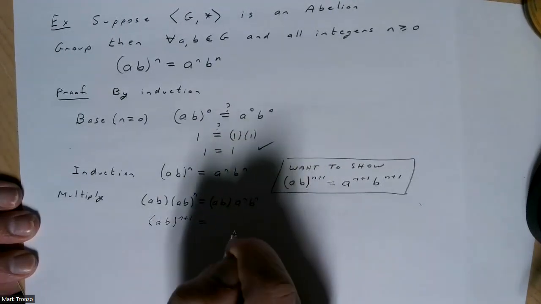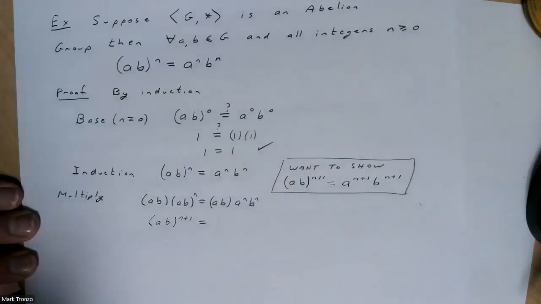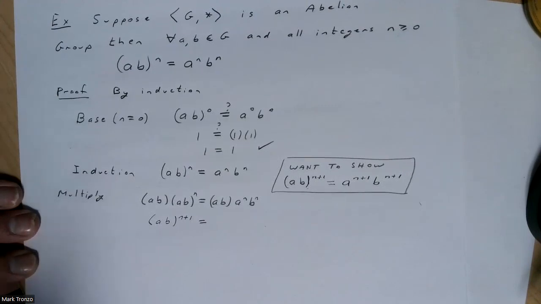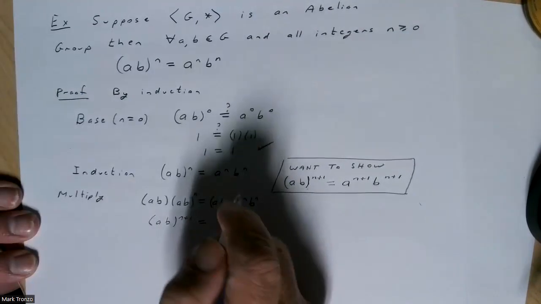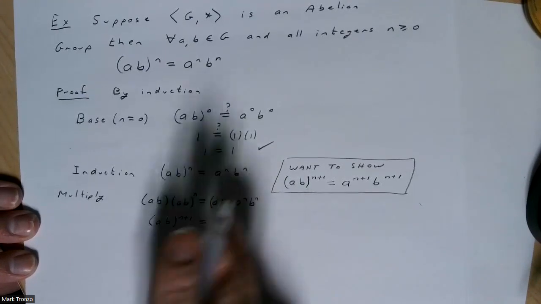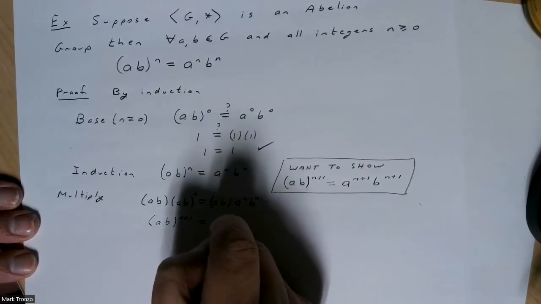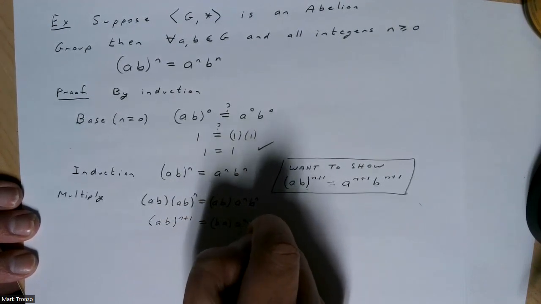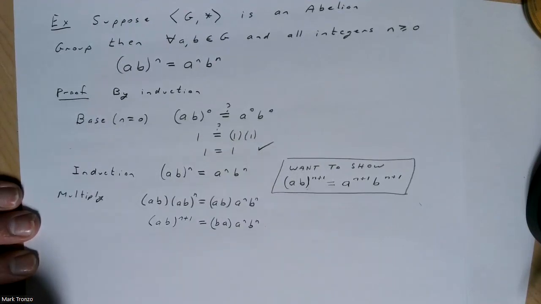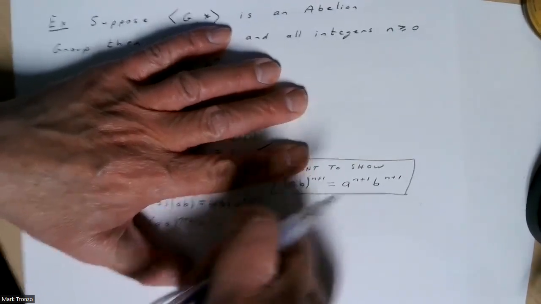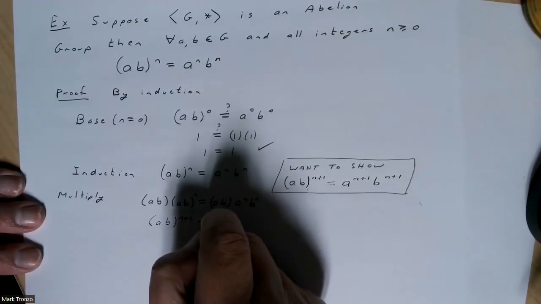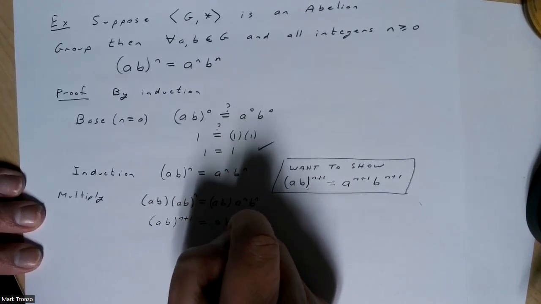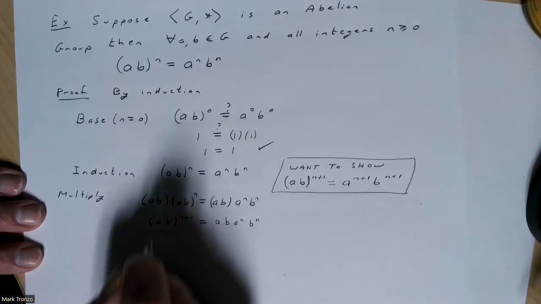And now over here, one thing to remember, because it's an abelian group, we can commute these, so we can switch the order of these. Actually, I think I did that the wrong way. I should have switched the middle two. So let me go through all the steps. This would be A, B, A^n, B^n.